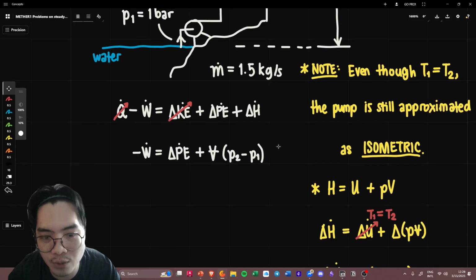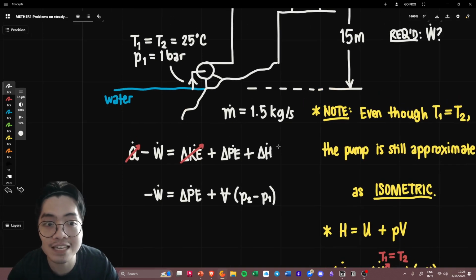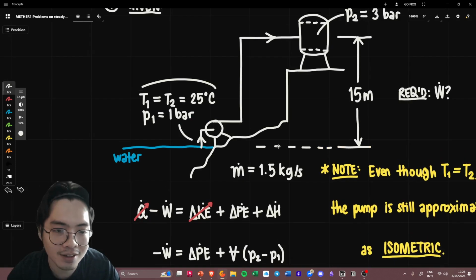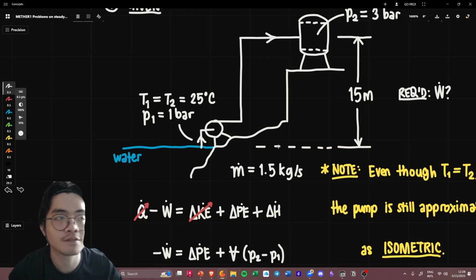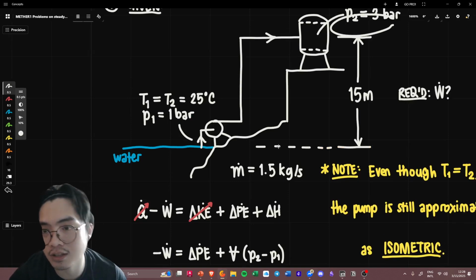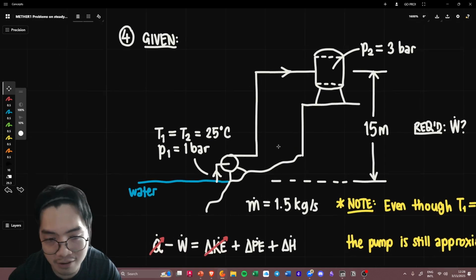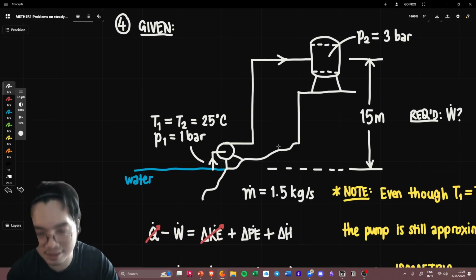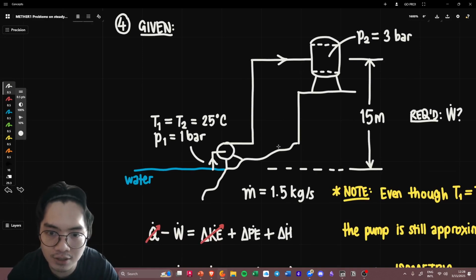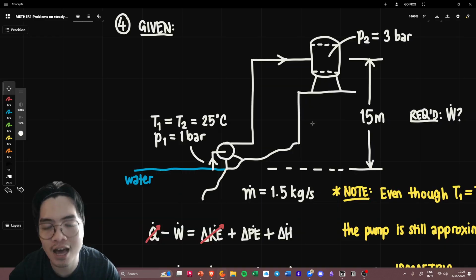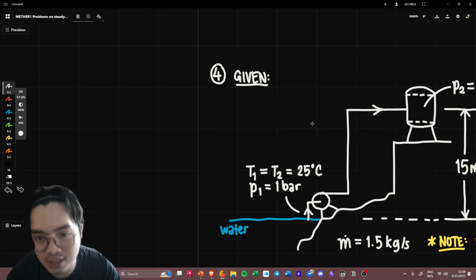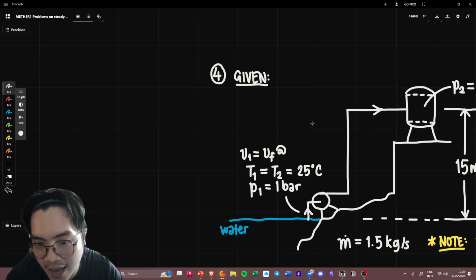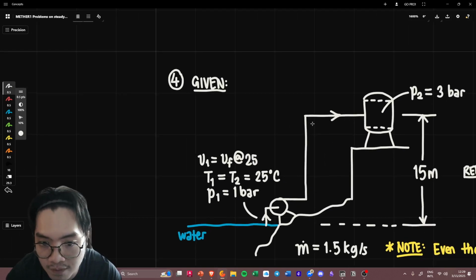And if you're thinking now, which V slash? Because this has a certain value of V, and this also has a certain value of V, but actually, no, they are the same. Both state 1 and state 2 are compressed liquid. We said this earlier, we just checked. And how do you get the approximate specific volume? The approximate specific volume is just checking VF at the temperature at 25 degrees.